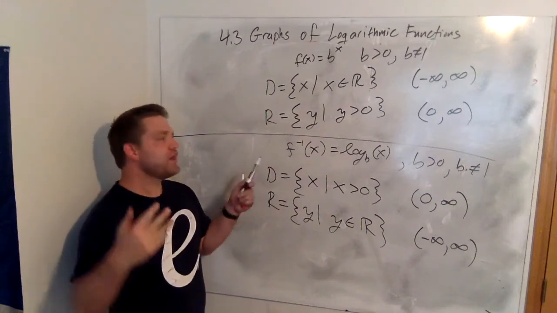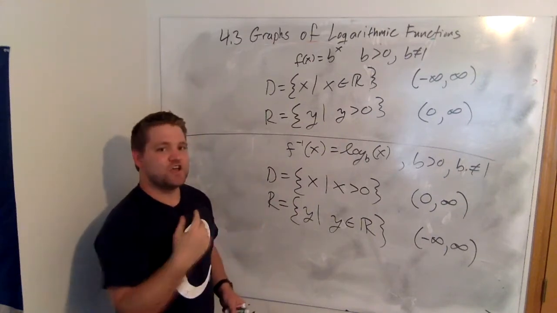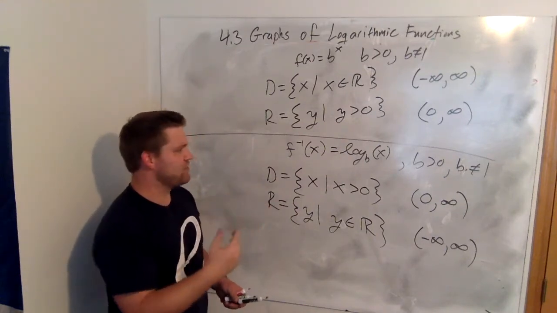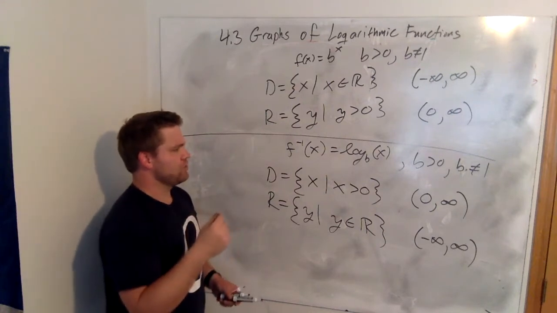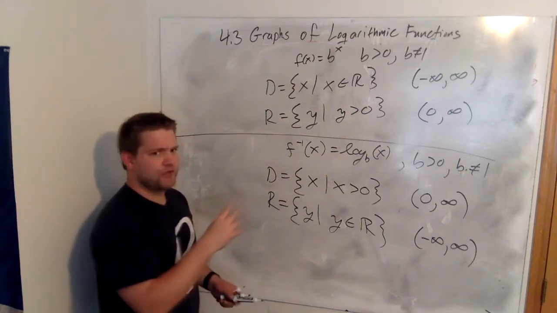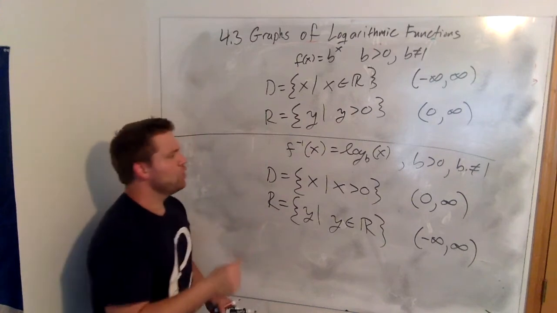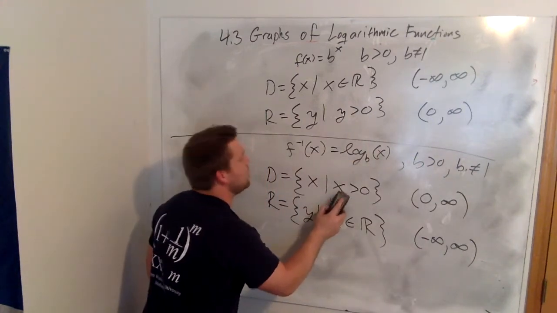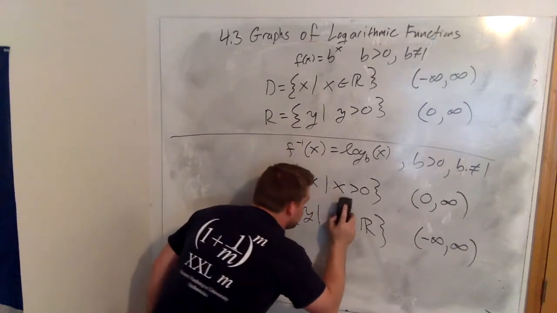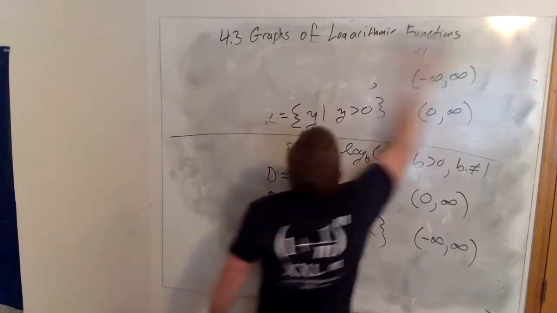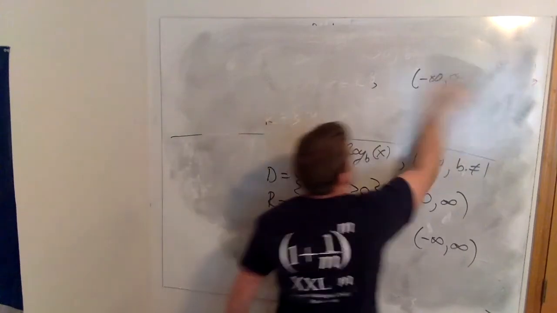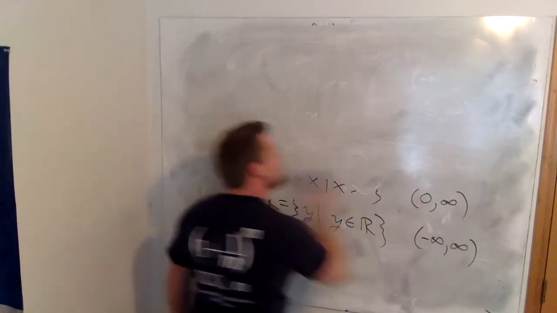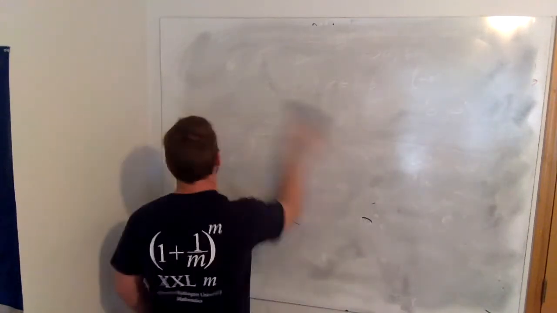The math gods are going to give us another commandment, another golden rule of math. Pay attention. I can only plug in numbers strictly bigger than 0 into a logarithm.